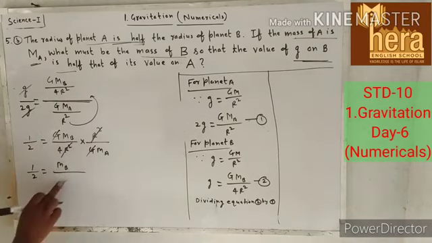It means the mass of planet B is twice of MA, 2 times. MB is equal to 2 MA means the mass of planet B is 2 times the mass of planet A. If MA is 100 kg, then MB will be 200 kg. If MA is 500 kg, then since MB is twice of MA, MB will be 1000 kilogram.